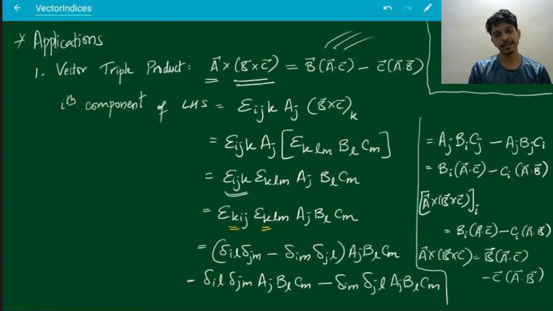You can imagine the same thing if you had to prove it by doing explicit calculation. You would have taken A dot C as AX CX plus AY CY plus AZ CZ. Similarly, A dot B would be AX BX plus AY BY plus AZ BZ.